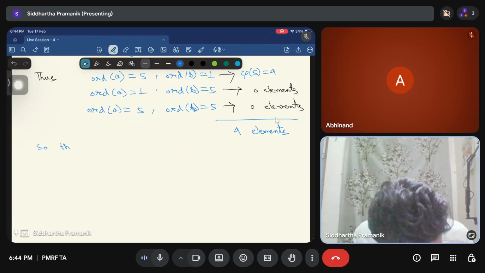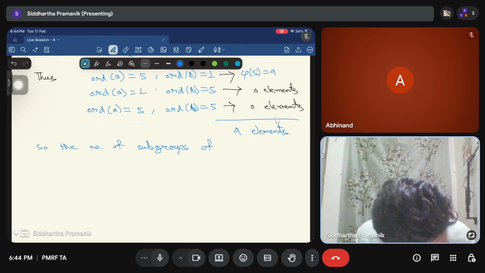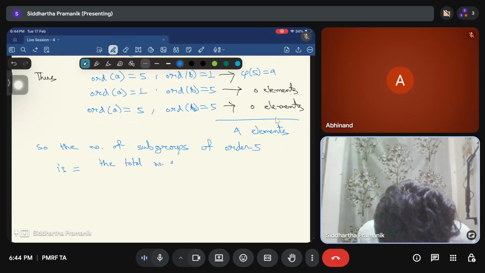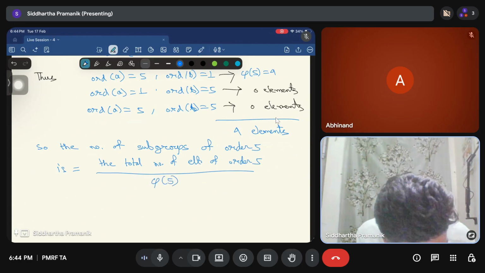The number of subgroups of order 5 is the total number of elements of order 5 divided by phi of 5.